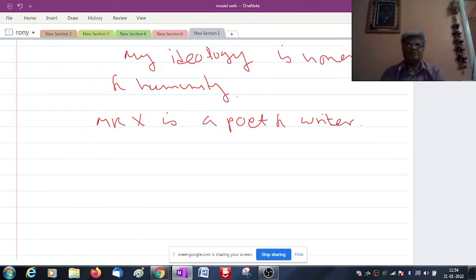We cannot write Mr. X is a poet and a writer; that would mean they are different persons. Whenever the subject is followed by two articles separately, it means the persons are different. But whenever it is followed by a single article, it means the subject and the person are the same. Okay, I will discuss this in my next class.